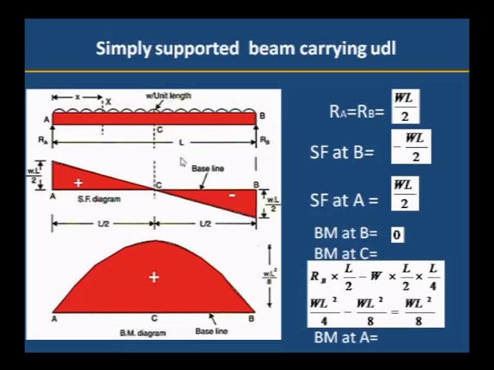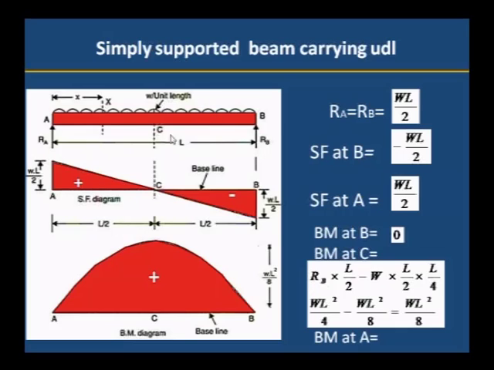Minus W into load, we are taking only half of the load, W into L by 2 is the half. L by 2 is the distance at which it is acting. We are considering a half load into L by 4. L by 4 means this half portion of the load will act at the center.